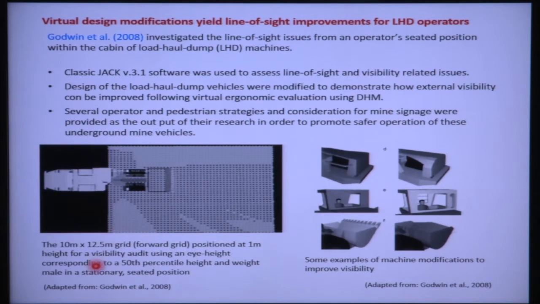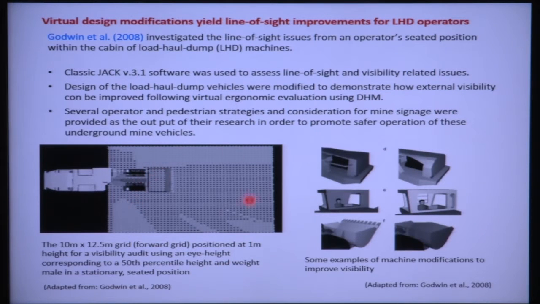For that purpose they created a 10 meter by 12.5 meter grid, a forward grid position at 1 meter height, for a visibility audit using eye height corresponding to a 50th percentile height and weight male in stationary seated position.